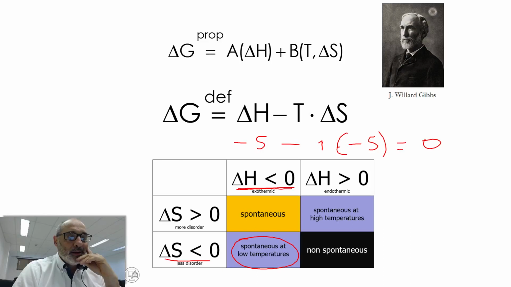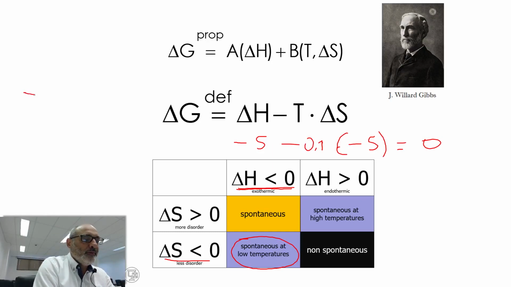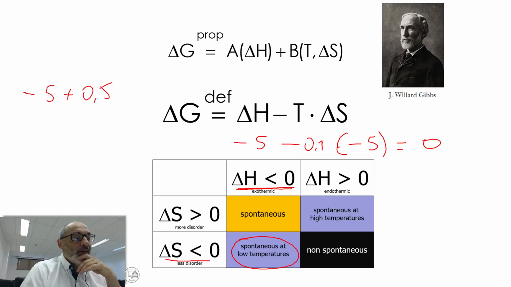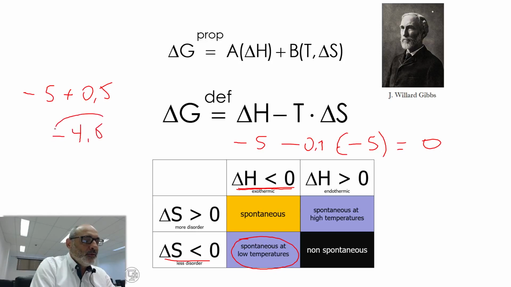Let's see at low temperature. Zero means equilibrium, we're on the verge. But instead of 1 degree here, I can have, for instance, 0.1. So here I have minus 5 plus 0.5, which is minus 4.5, which is negative.